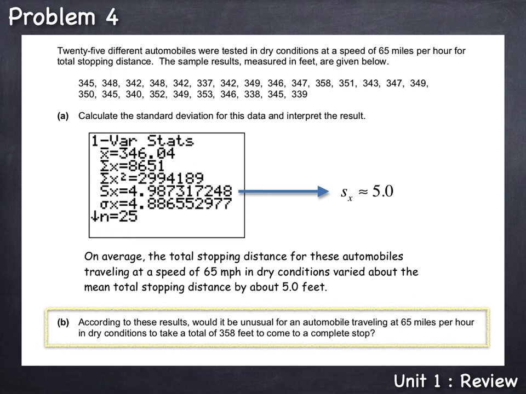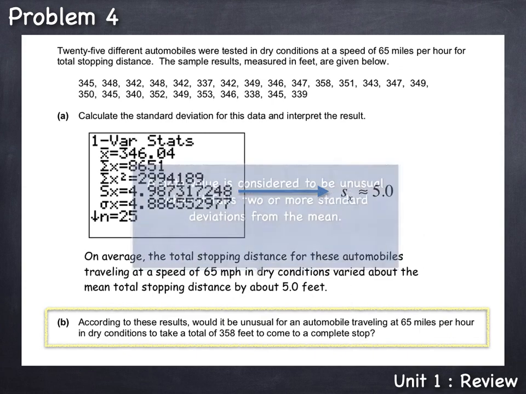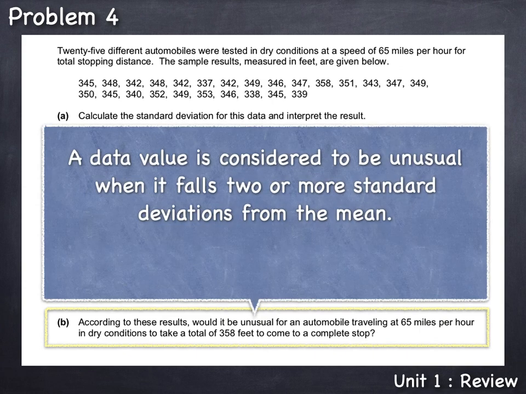Statistically, we determine if something's unusual by calculating a standard score. A data value is considered to be unusual when it falls 2 or more standard deviations from the mean. And the standard score calculates the actual number of standard deviations a data value is from the mean.